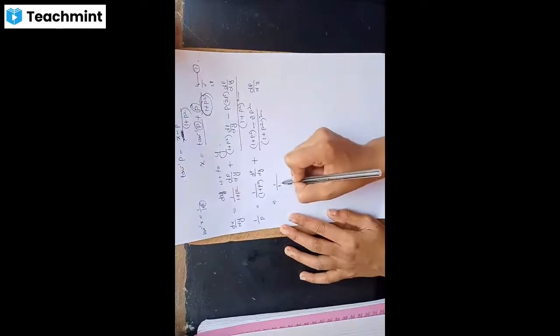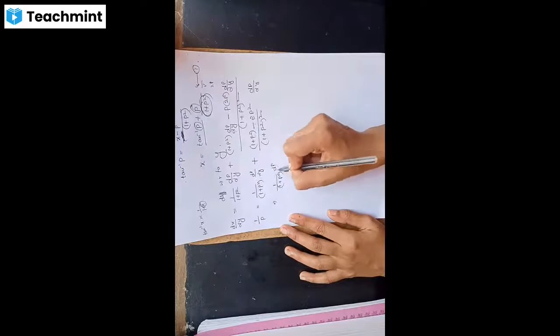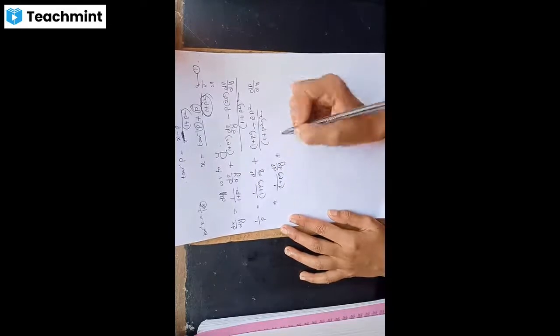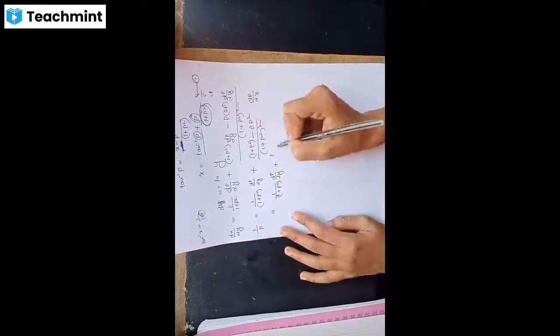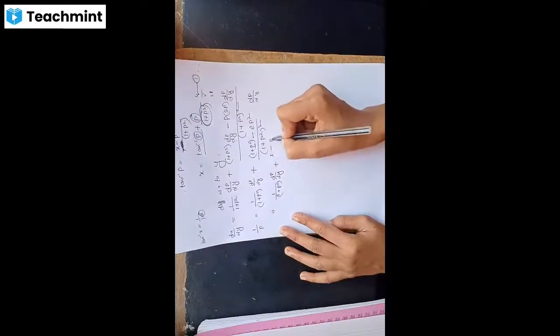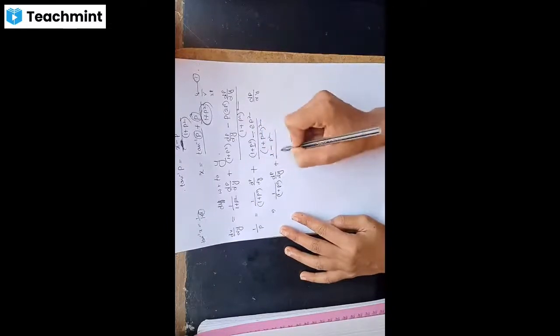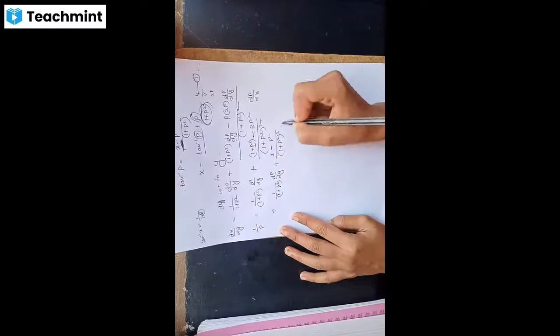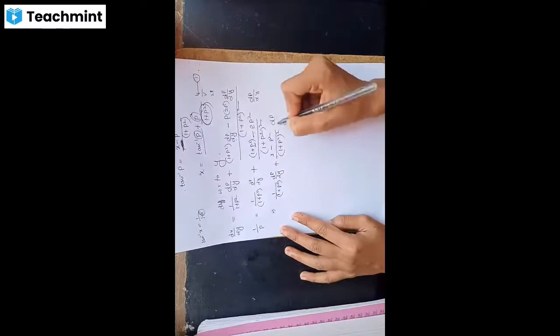So minus 2p square plus p square is minus p square. So 1 divided by 1 plus p square dp by dy, plus 1 as it is, p square minus 2p square is minus p square divided by 1 plus p square whole square dp by dy.